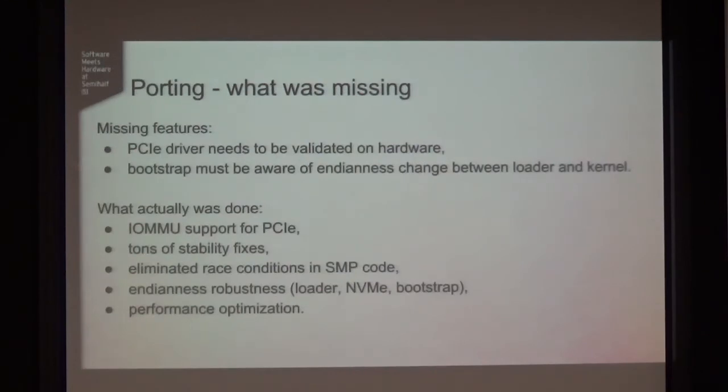In PowerNV, the loader is run as little endian, but the FreeBSD kernel is run as big endian. So we have an endianness switch during the loading, so that's why some work had to be done to the loader itself.